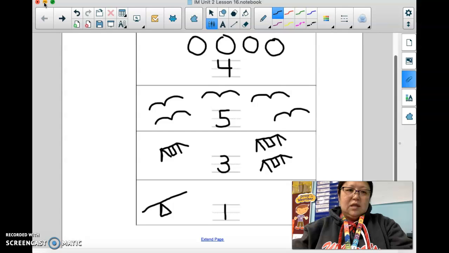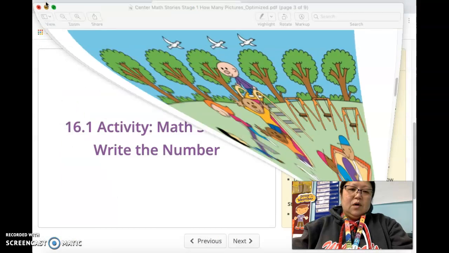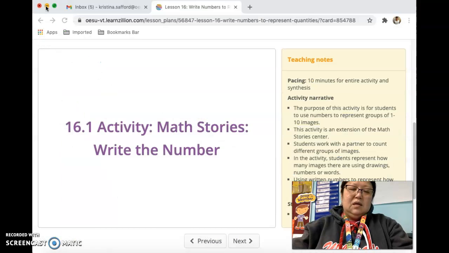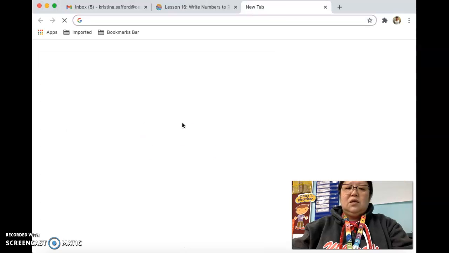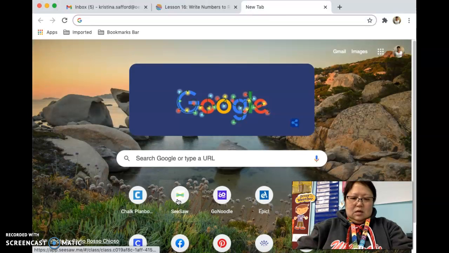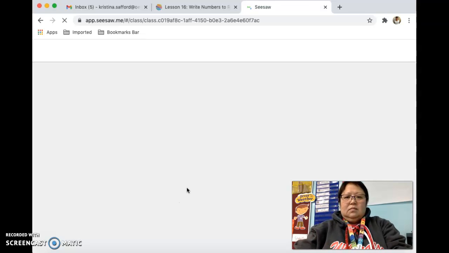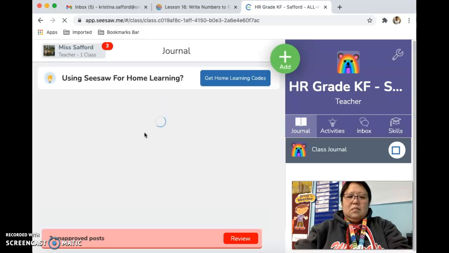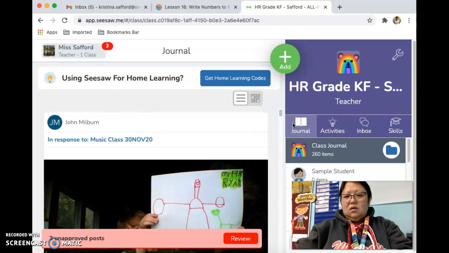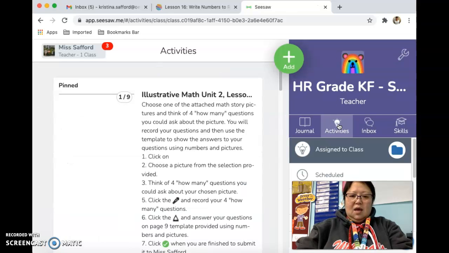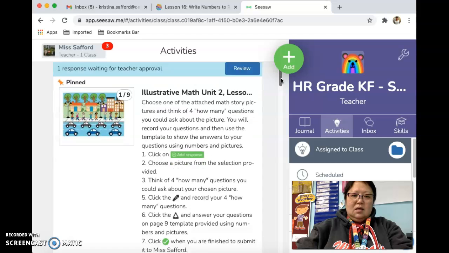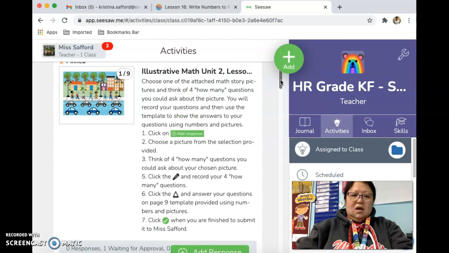What you're going to do for this assignment is you are going to go into your Seesaw. I'm going to go into my Seesaw here. And your Seesaw has a lesson for you to do.